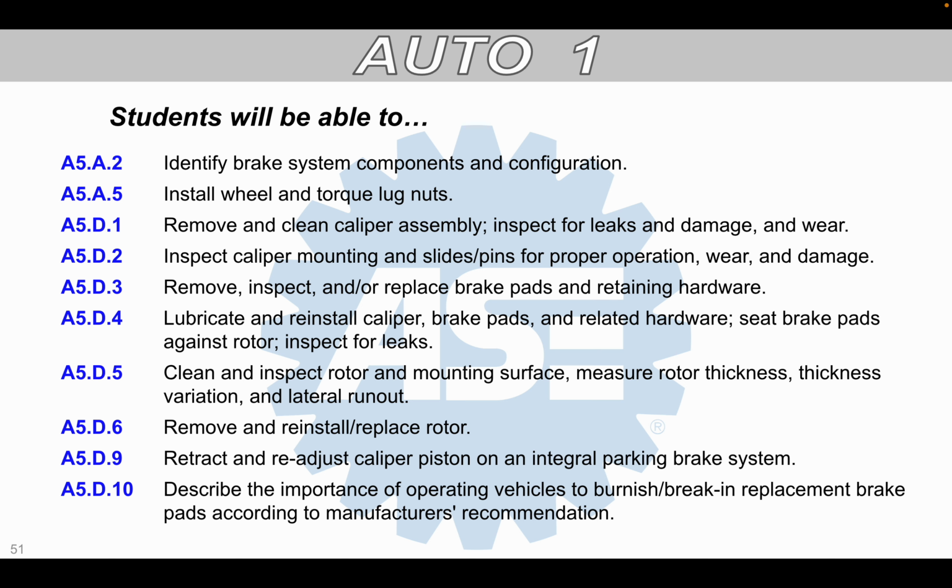Some of this information, by the way, we're going to touch base on in the presentation, but you're going to interact with it physically out in the shop when you're actually doing the disc brake service. So that's an additional learning opportunity for you to solidify anything that right now you know you don't know. So again, we're still identifying brake system components and configurations.